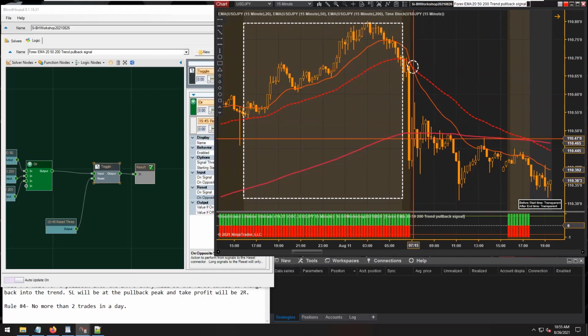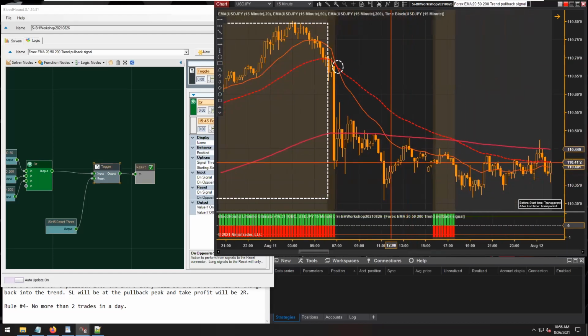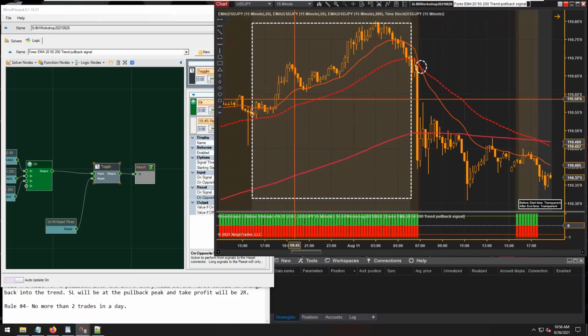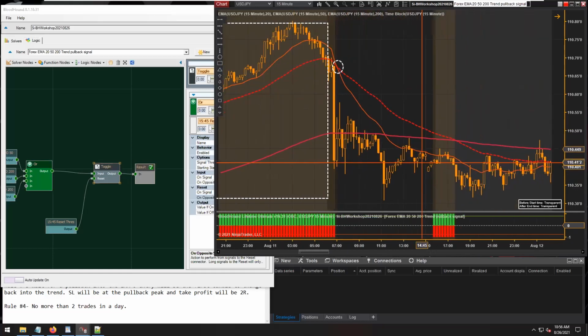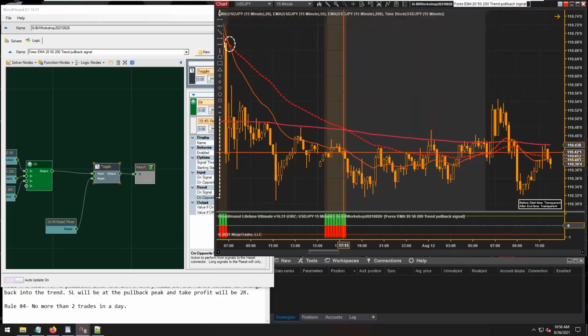If the toggle node is still on once we exit this overnight Asian session, we will need to extend it until the next session begins, so that we can allow for these pullback signals to be generated. But for now, we're just focusing on identifying if a crossover occurs. And of course, every day we have to reset that toggle node during that overnight Asian session.